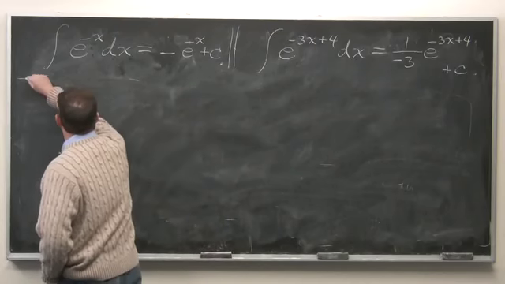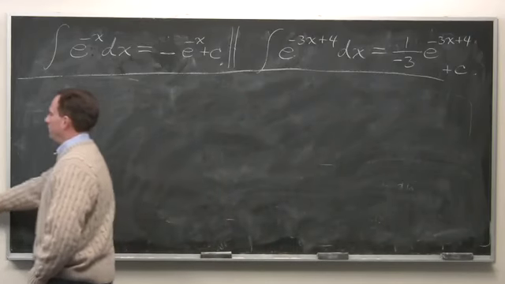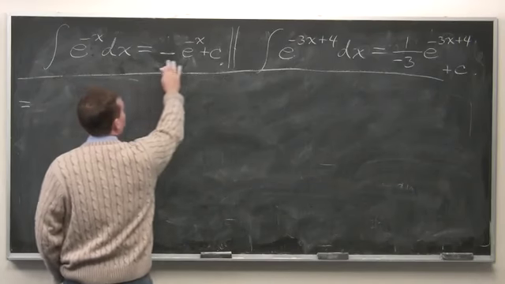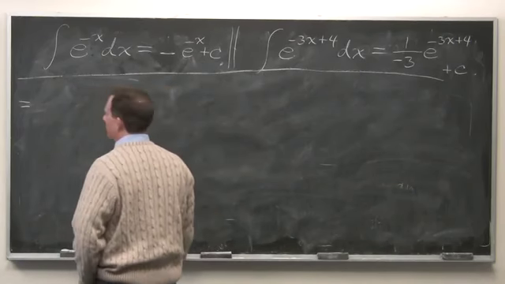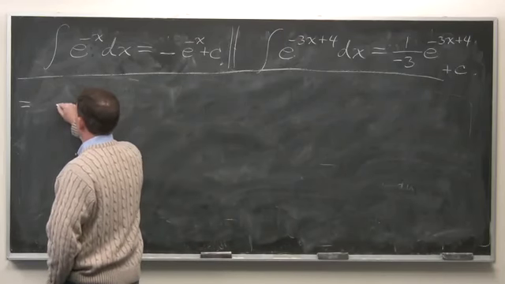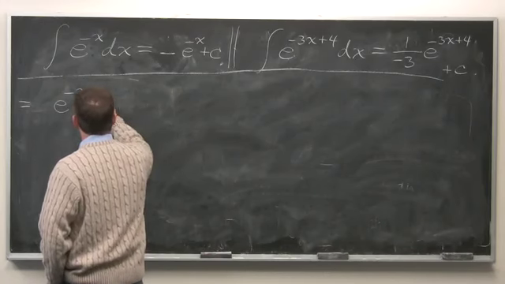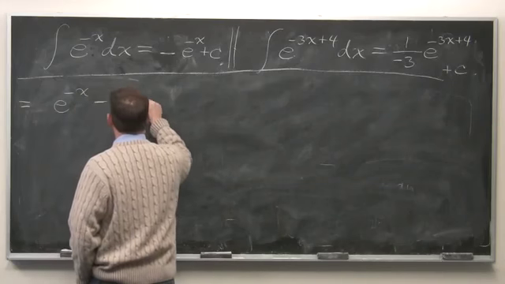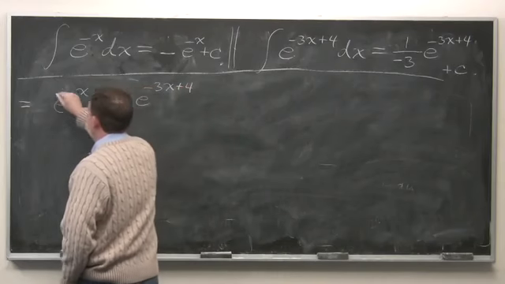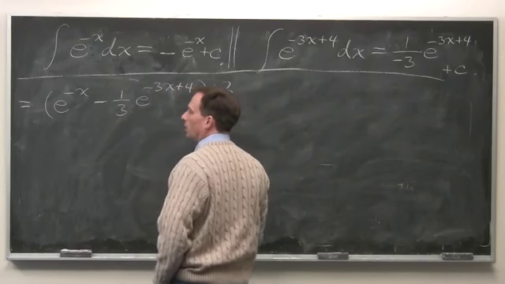So, what do we get? All right, I'm going to use both of these formulas up here, but drop the plus c's because we have a definite integral. So you get e to the minus x minus 1/3 e to the minus 3x plus 4, evaluated from 0 to 2.